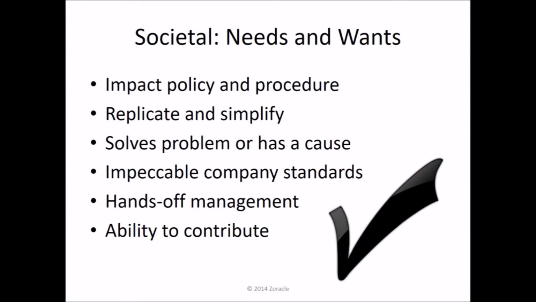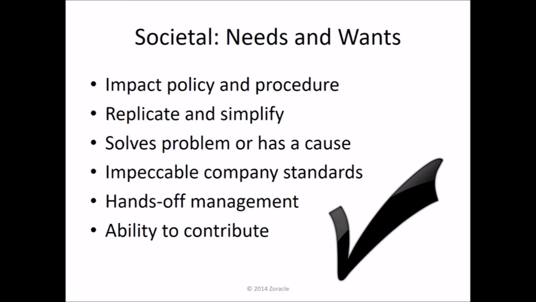Much like the achiever, he or she is also desirous of impacting policy and procedure. Now, here's the difference between the achiever and the societal, and it's a distinct one. The achiever is in there impacting policy and procedure, sitting on their boards, the committees at the franchise, within the franchise system. So is the societal.